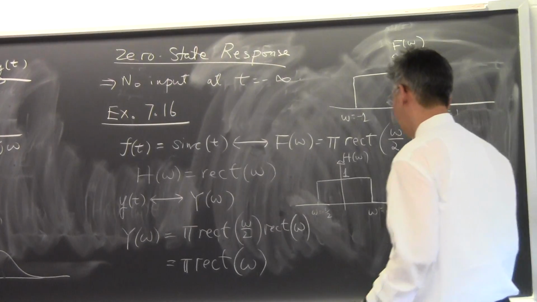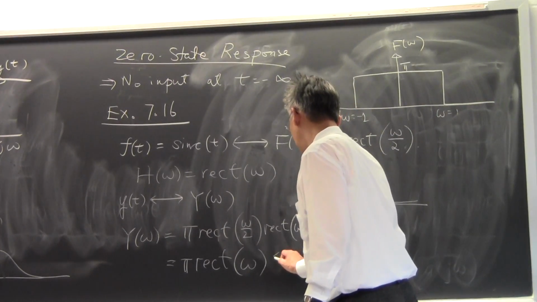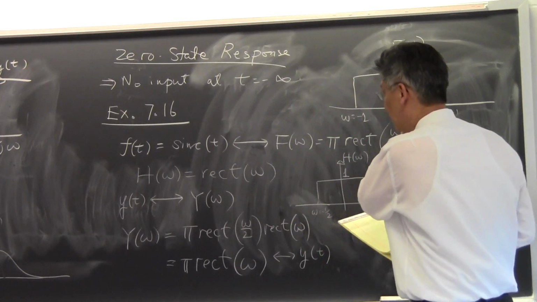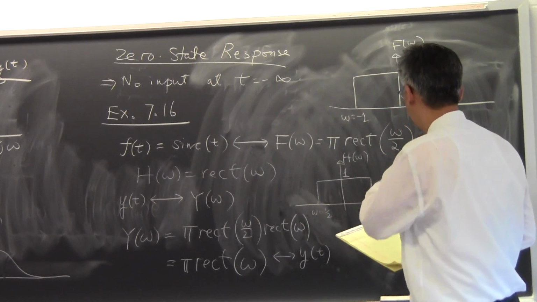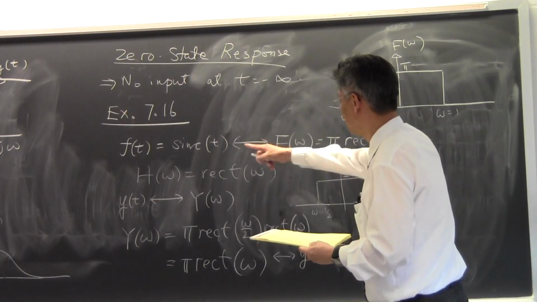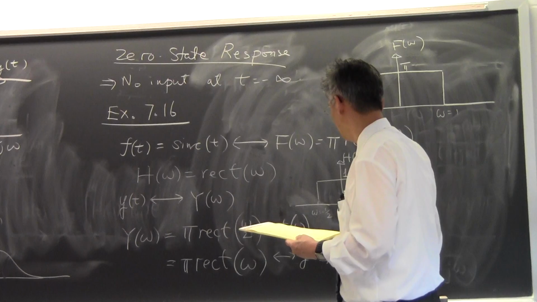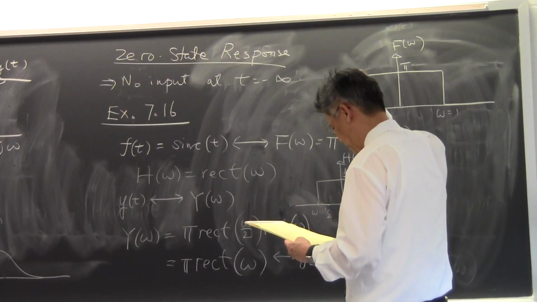So now if you look at y of t, what is y of t? You just Fourier inverse transform this. And you can actually do a table lookup or just use this formula. Or there are many formulas in the textbook in that table 7.2 or something like that.